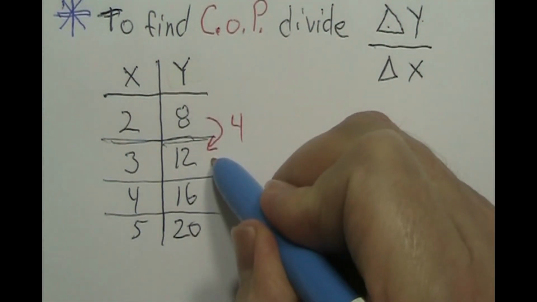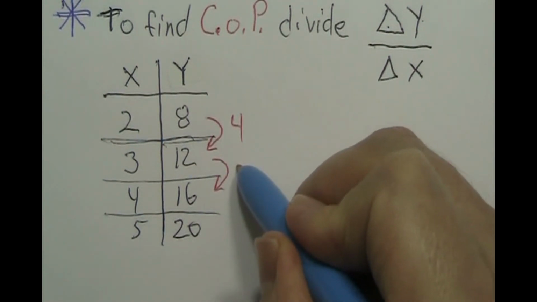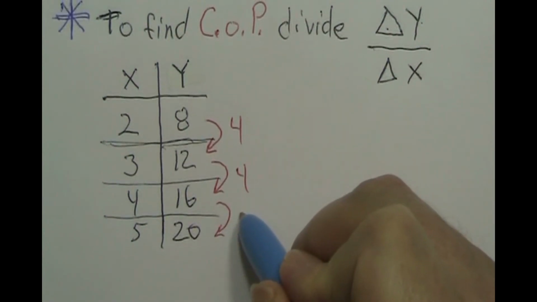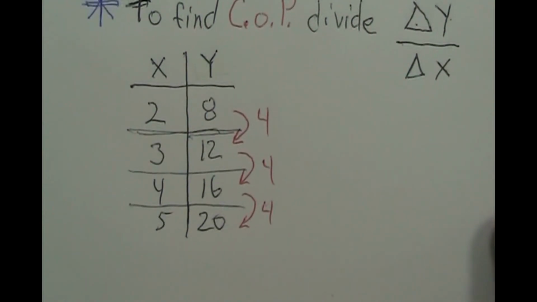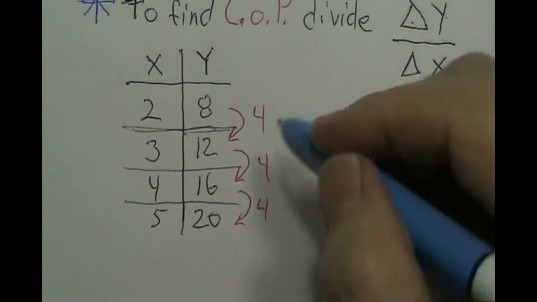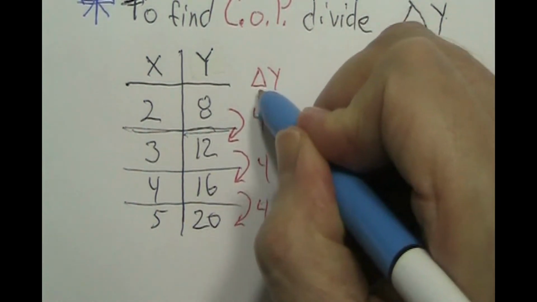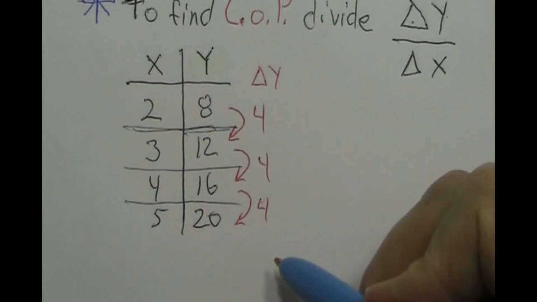To go from 12 to 16, it changed by 4. To go from 16 to 20, it changed by 4. It went up 4 each time. That's the changes in y.